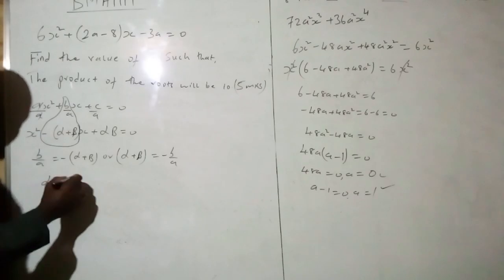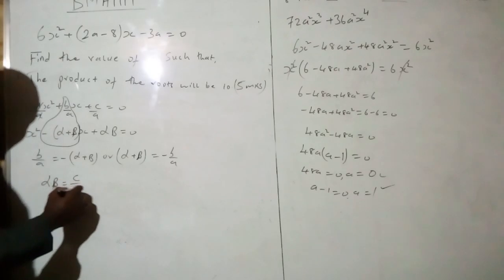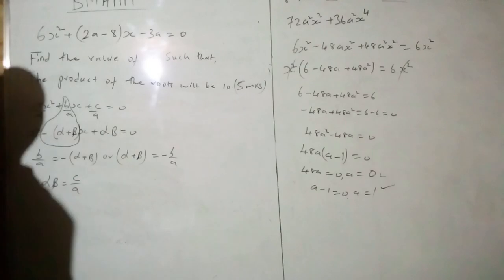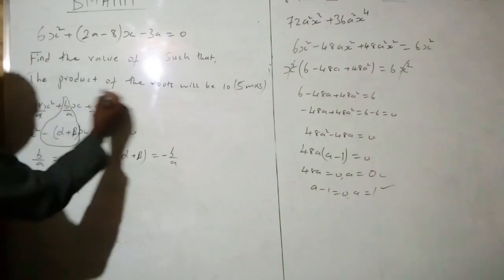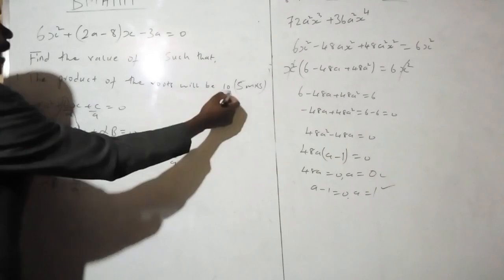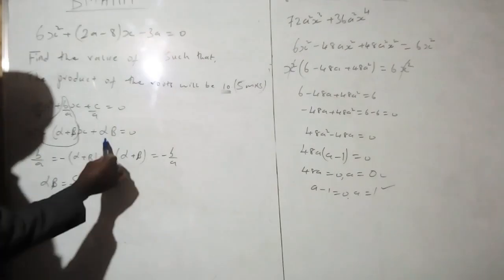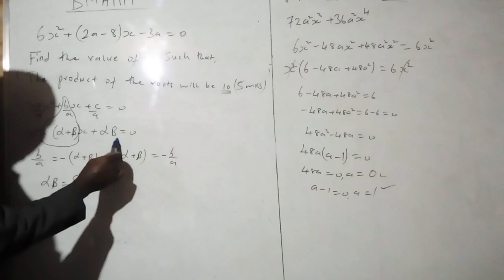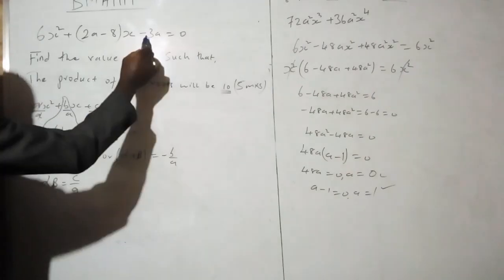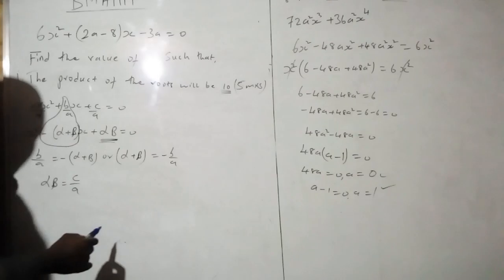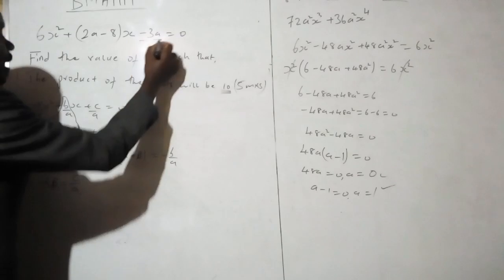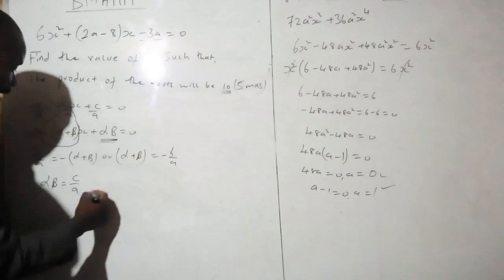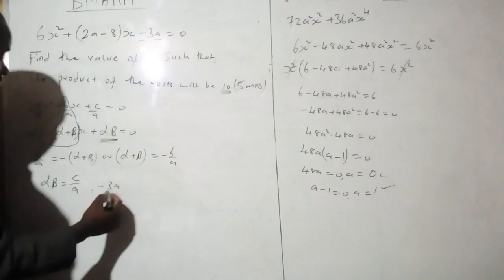Now we turn to this equation where we've been told to find the product. The product of the roots will be 10. The product is given. This is the product, which means if you take negative 3a, we divide by 6, similar to what we have done here, since 6 is the first term, a.